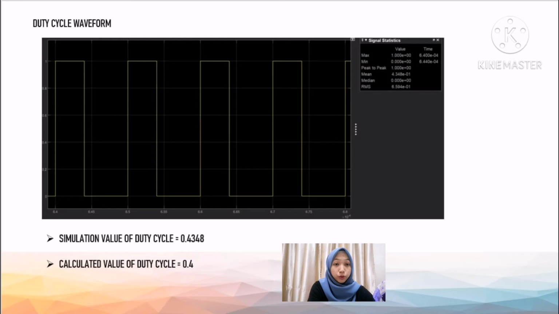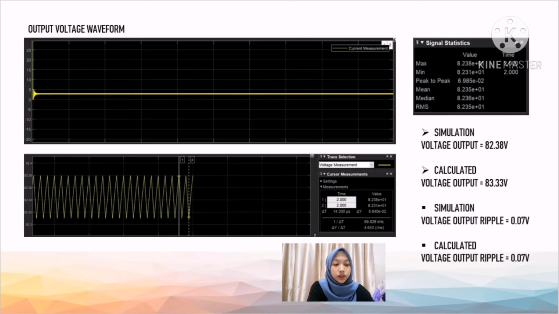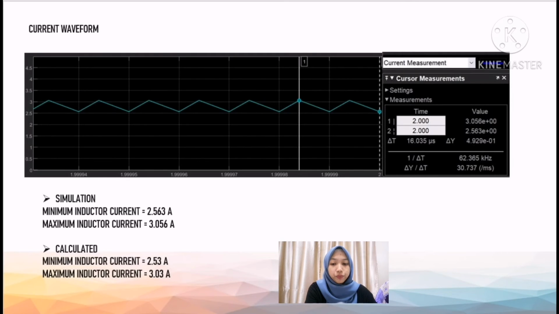Okay, for the simulation voltage output ripple, we got 0.07 volt, and the calculated one is 0.07 volt. So the value is the same, which shows that there is no error between the simulation and also the calculated value.